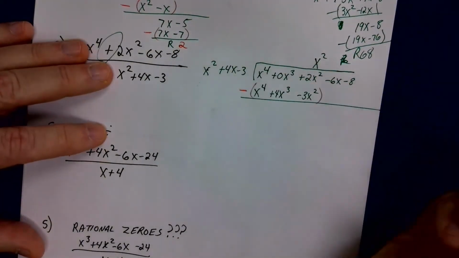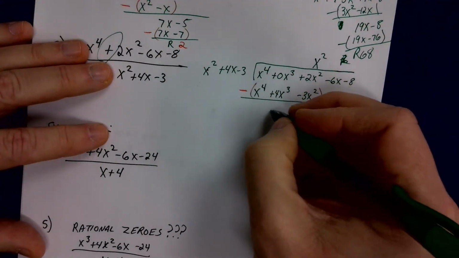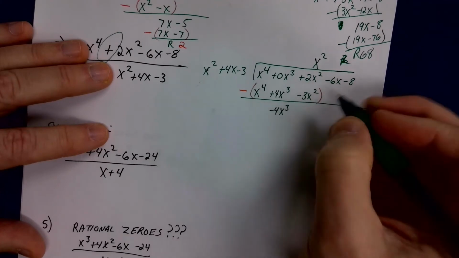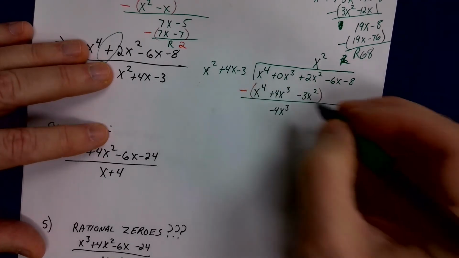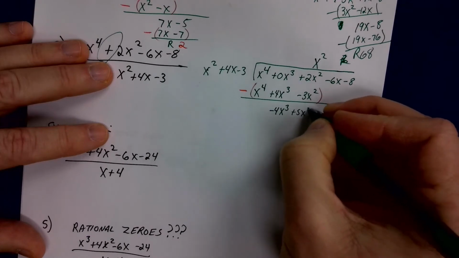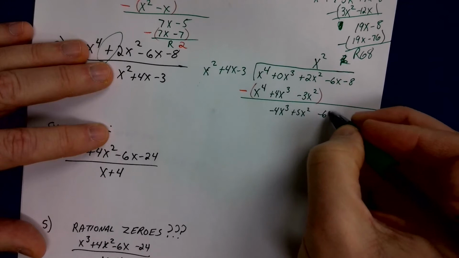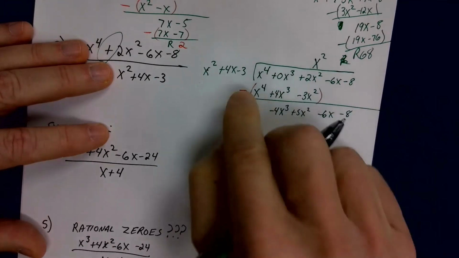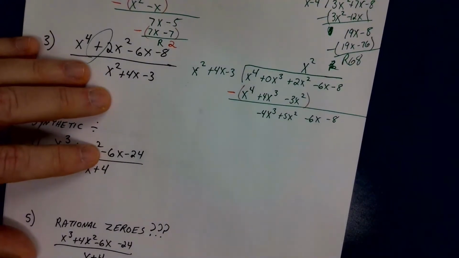X to the fourth minus x to the fourth goes poof. Nothing minus 4x cubed is negative 4x cubed. 2x squared plus 3x squared, because of minus minus, it's plus 5x squared. And then these two things are on the outside, so they just come on down, because I'm really subtracting nothing from them. Okay, so there's my first thing, x squared.